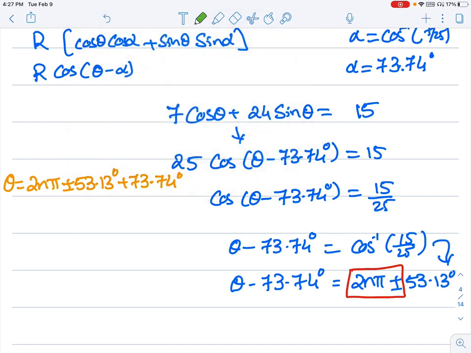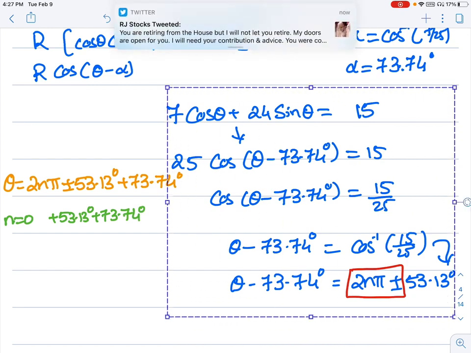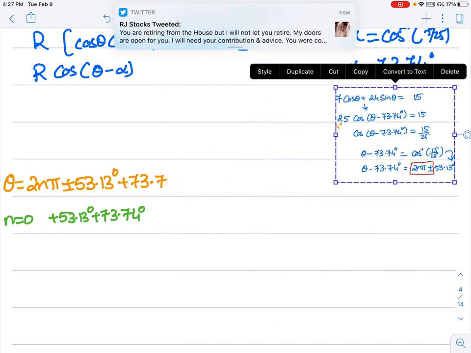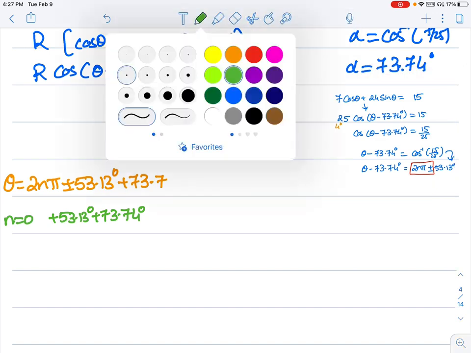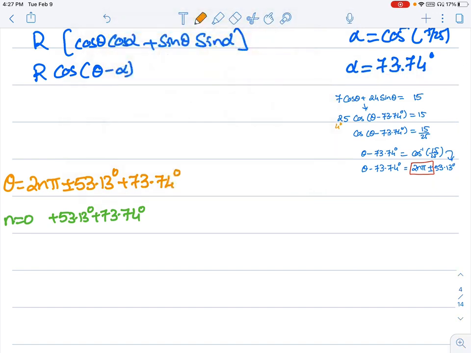So what am I going to do? Substitute n equal to 0. So I get one answer as plus 53.13 plus 73.74, or I use minus 53.13 degrees plus 73.74.